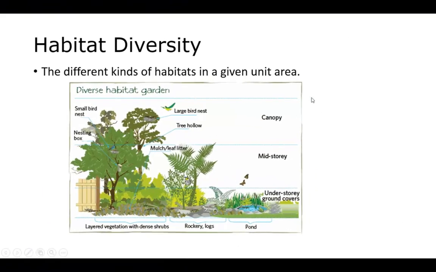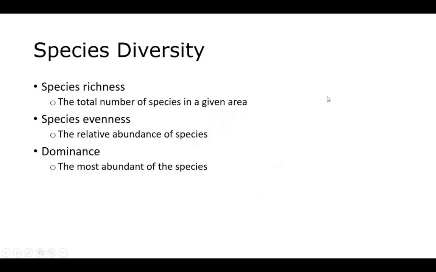In this example, we have a canopy of trees, brush areas, understory ground covers, and a pond. And we have rocks and logs.